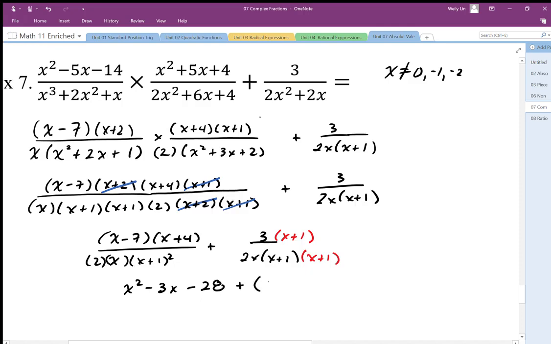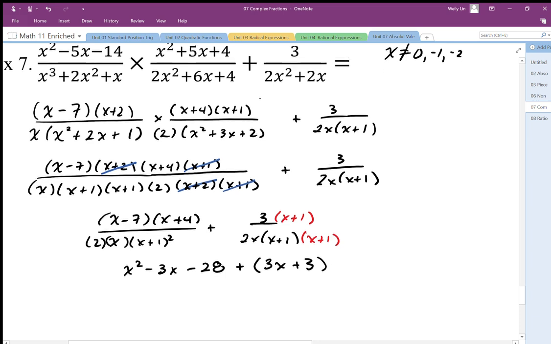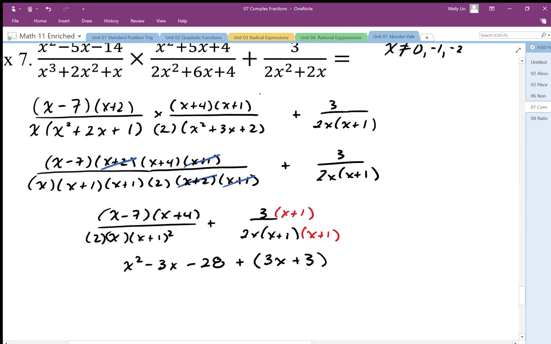plus, and remember I'm going to put this in brackets just to contain it, but with the plus I don't have to worry about the sign, so it's not that important with the plus. So I expand those brackets, and my common denominator is 2x x plus 1 squared. Combine my like terms.